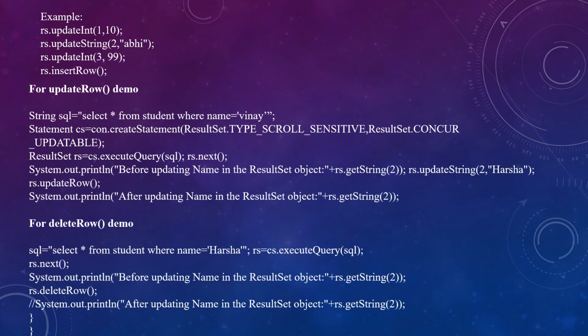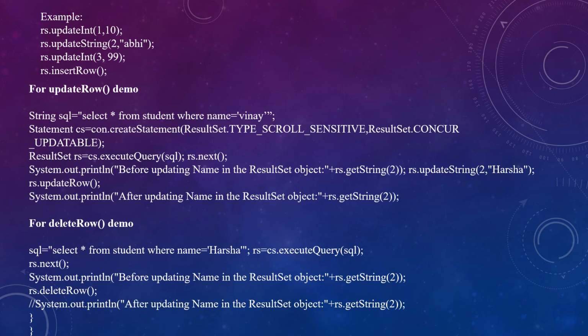For example, for update row, String SQL is equal to select star from student where name is equal to Vinay. Then it takes a statement cs is equal to con.createStatement, with ResultSet.TYPE_SCROLL_SENSITIVE and ResultSet.CONCUR_UPDATABLE. It uses both scroll sensitive type and concur updatable.